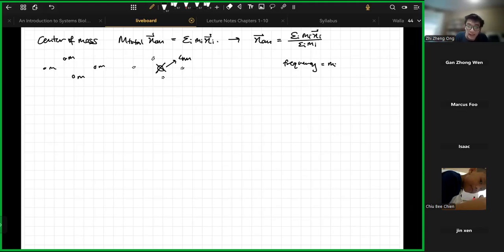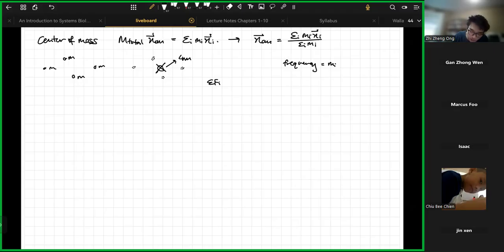And all forces acting on the system now act on this point.